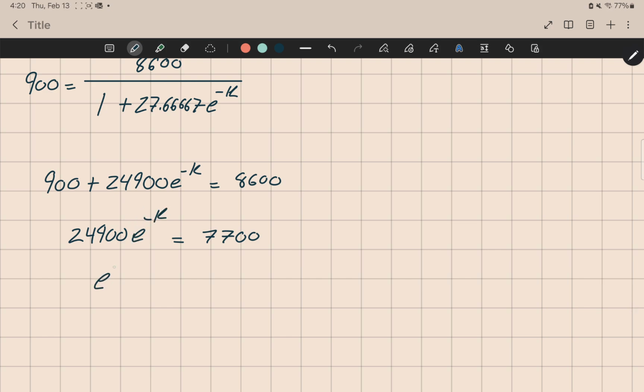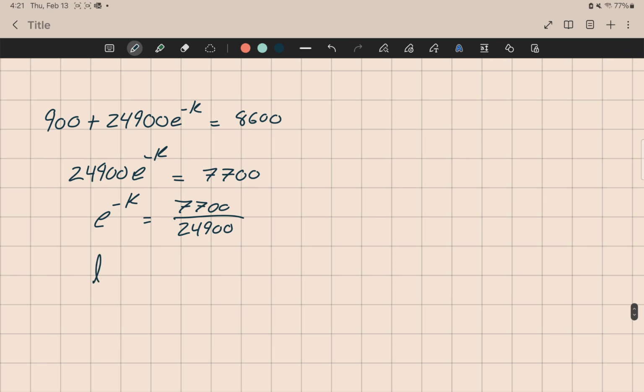So I'm going to divide, I'm going to have e to the negative k is equal to 7,700 over 24,900. And now I'll take the natural log. So I end up with the natural log and negative k equaling natural log of 7,700 divided by 24,900. This simplifies a little bit.